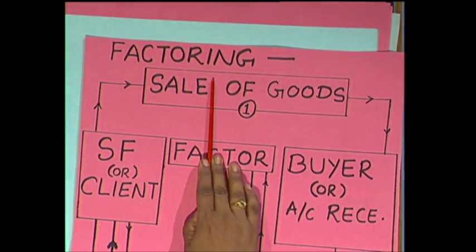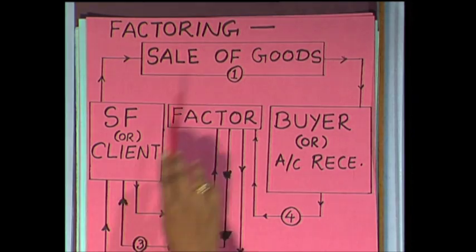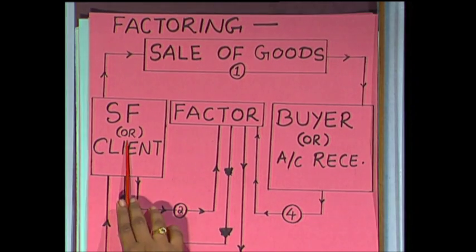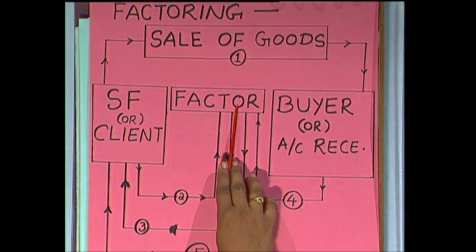Now, the last thing in this receivables is factoring. Here, when you have debtors, instead of you having the botheration of collecting the amount from debtors, you can entrust this job to a particular person specialized, known as factor. When the seller sells the goods to the buyer, seller will send an invoice to the factor.